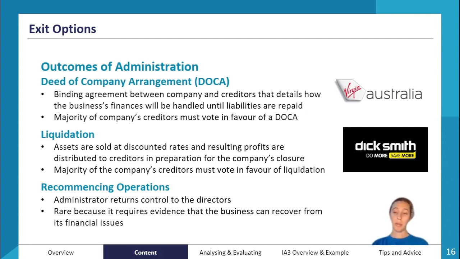Now, liquidation is something that happened with Dick Smith. You still may see Dick Smith around as the name of the business, and that's because the assets of the company were sold, and so someone else now owns those, and that's why we still see that name around. Assets are sold at discounted rates, and the resulting profits from those sales are distributed to creditors in preparation for the company's closure.